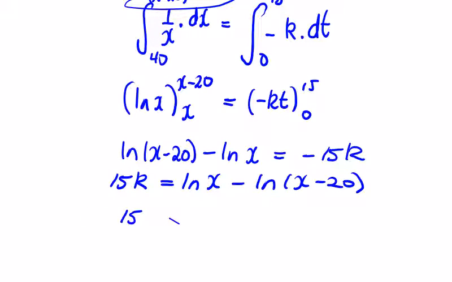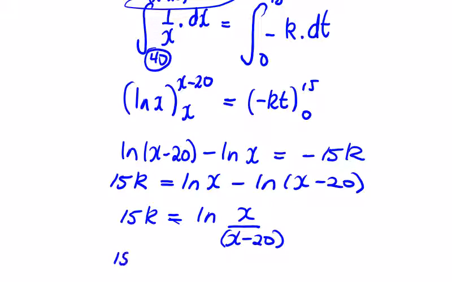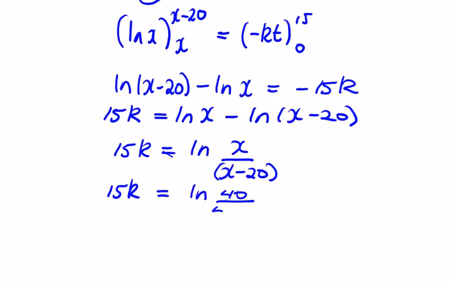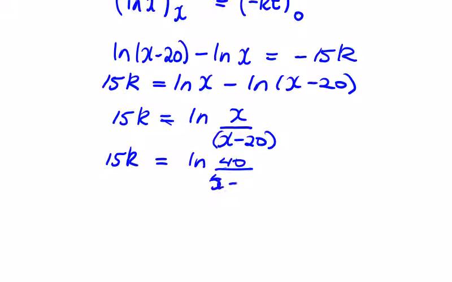So we're going to get 15k is equal to the natural log of x over x minus 20. We started at 40, so that's our x. So 15k is equal to the natural log of 40 over x minus 20.